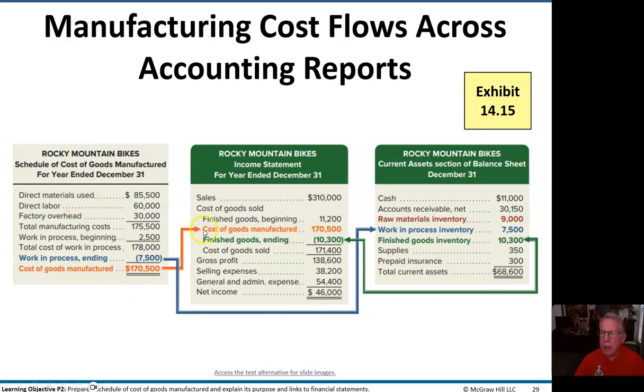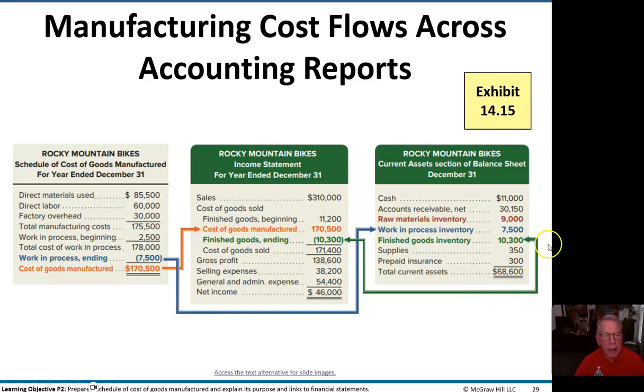Here's that cost of goods manufactured, and it goes into the income statement here. And the work in process ending inventory goes onto the balance sheet as the work in process inventory at the end of the month.